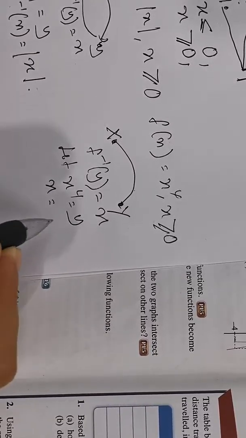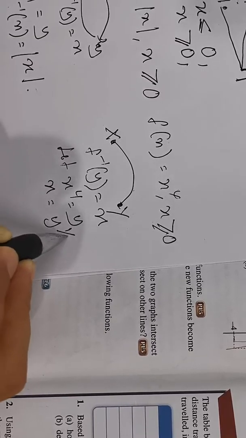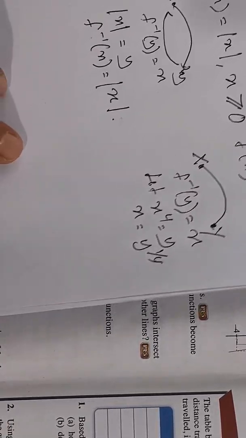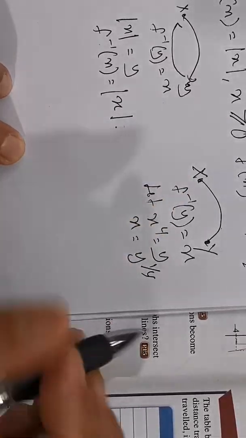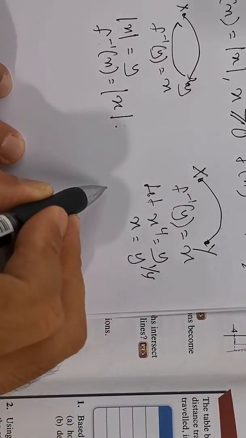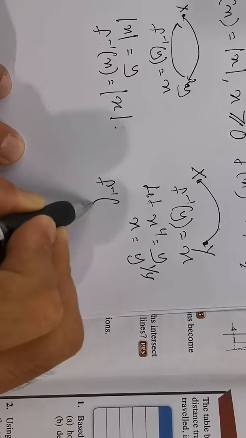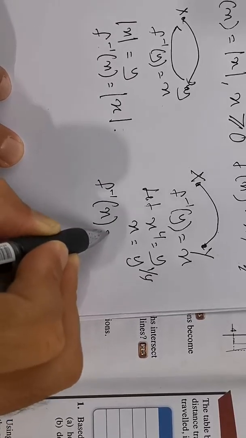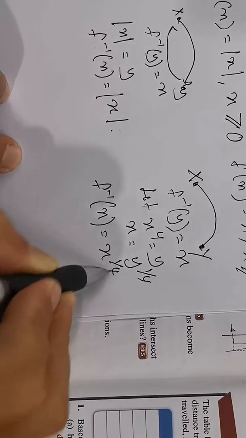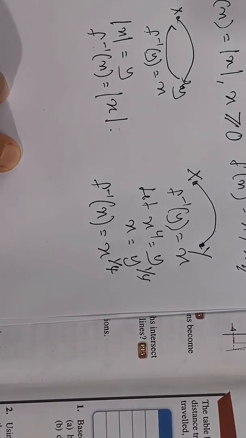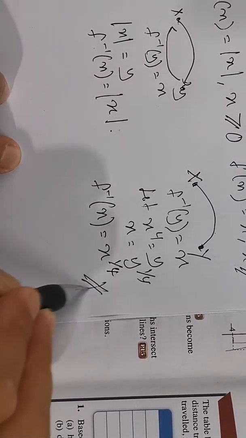So x = y to the power of 1/4. Since this is x, here is x, you have to say the inverse of x is x to the power of 1/4. Okay, done with question number 10.